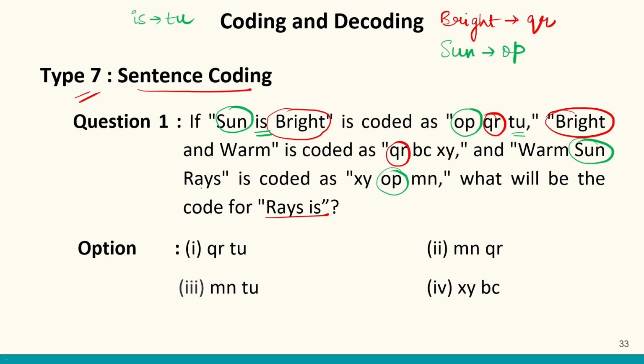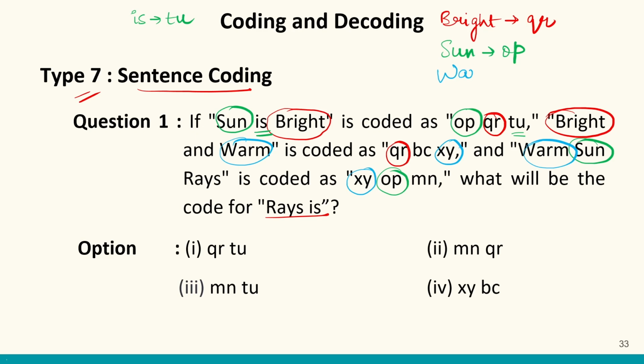Now we have to find the same thing for rays. Over here we can see the sentences warm sun rays, and over here the sentence is bright and warm. So the only word common is warm. If I look at the code over here, we have QRBCXY and we have XYOPMN. So the only code that is common is XY.